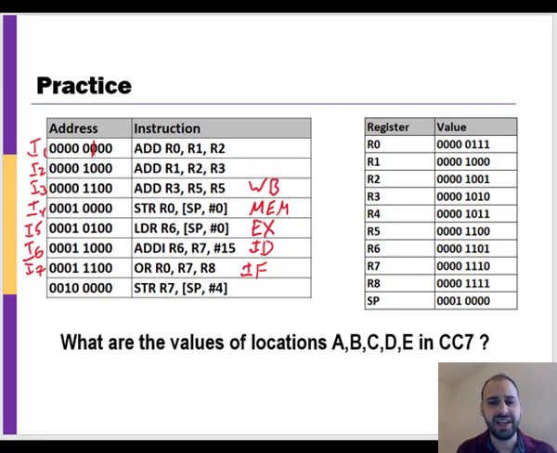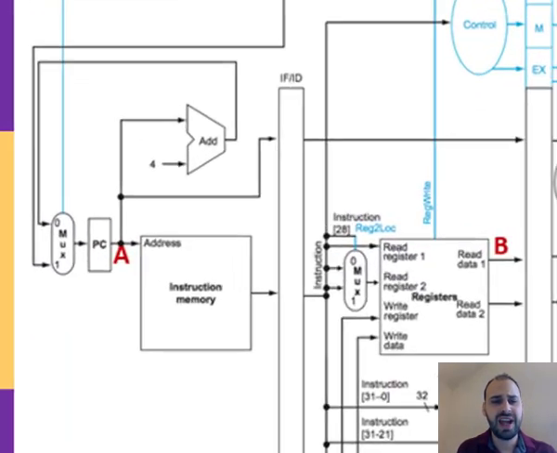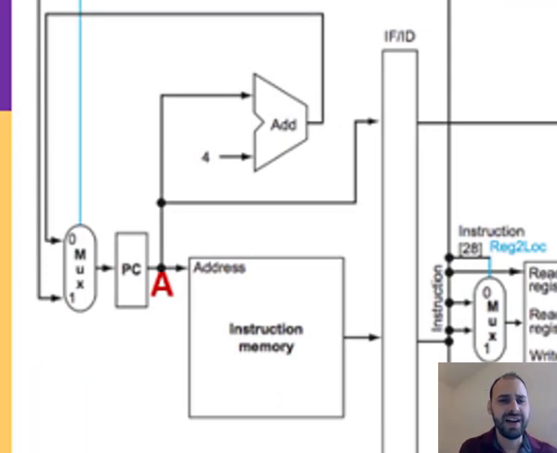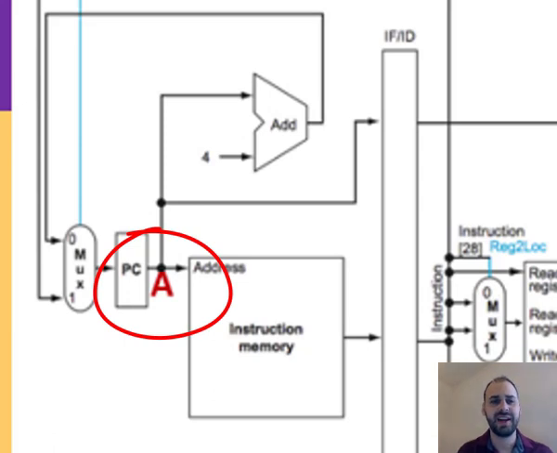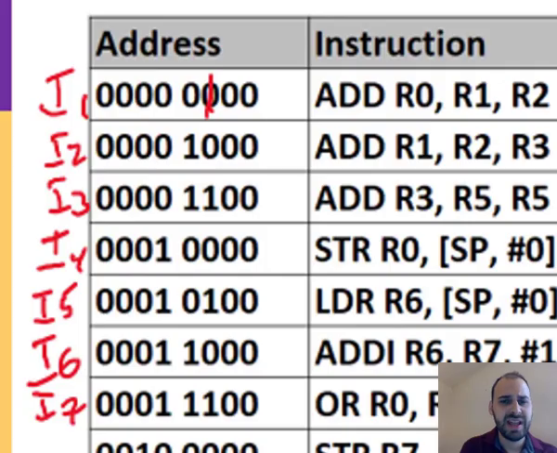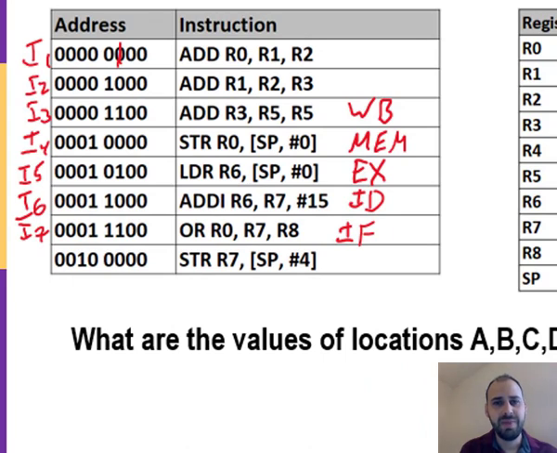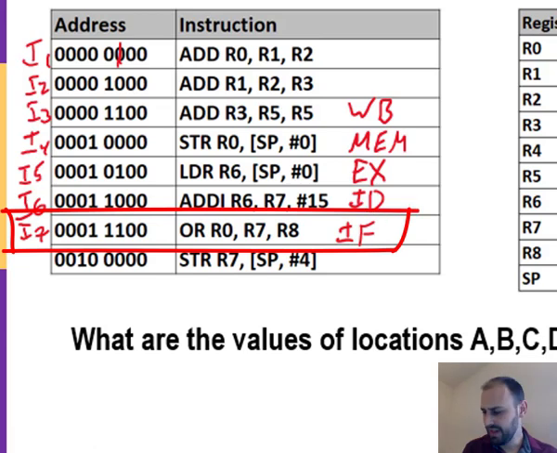Let's look at location A. Location A is the value of the program counter at clock cycle 7, and that value must be the current address that's being read into the instruction memory. So this is going to be our A right here.